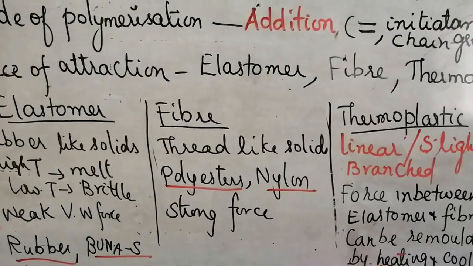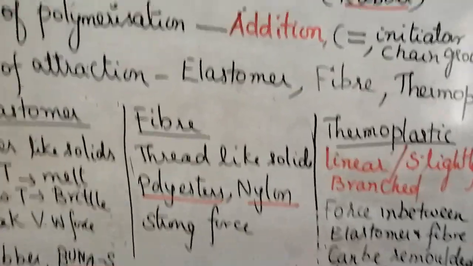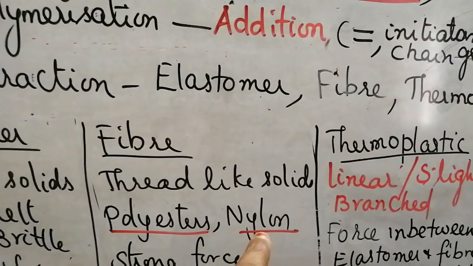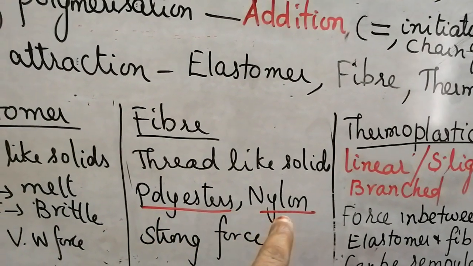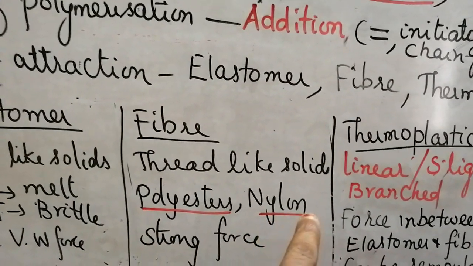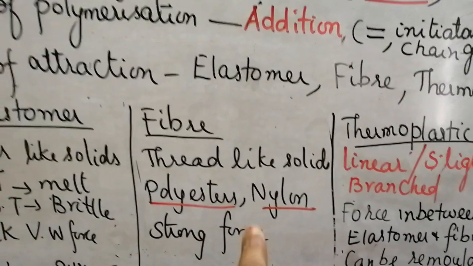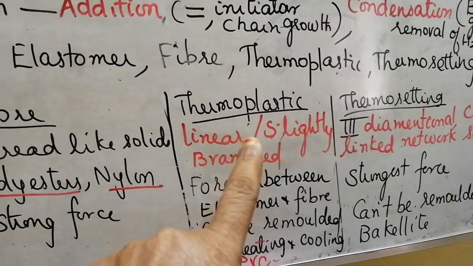Now, fibers. They are thread-like solids. Thread-like means they look like fiber, rope-like solids. Examples: polyesters and nylon, which we are wearing in day-to-day life. We are wearing polyesters and we are using nylon ropes for drying clothes and other things. They have very strong force of attraction. Now let us go to thermoplastics and thermosetting plastics.